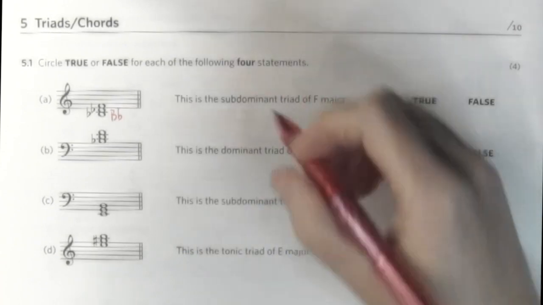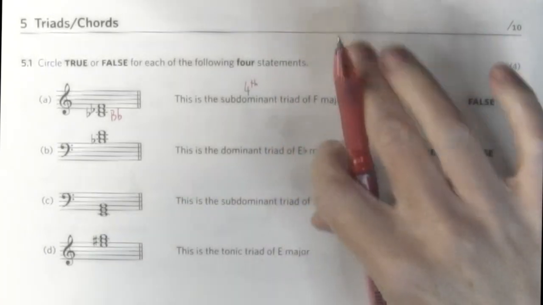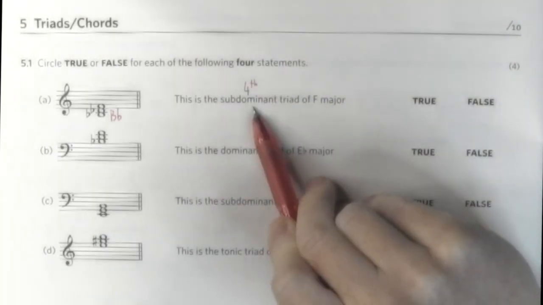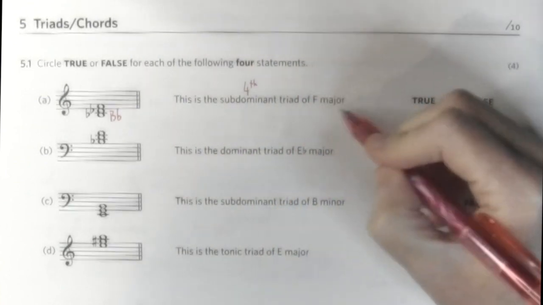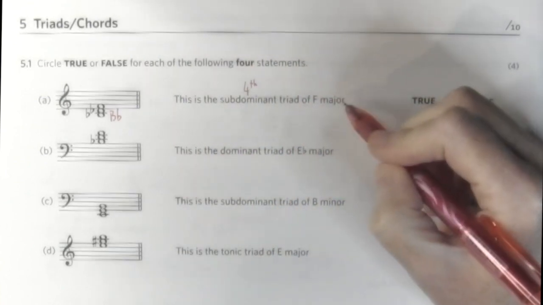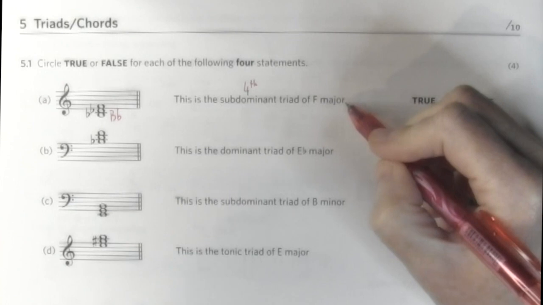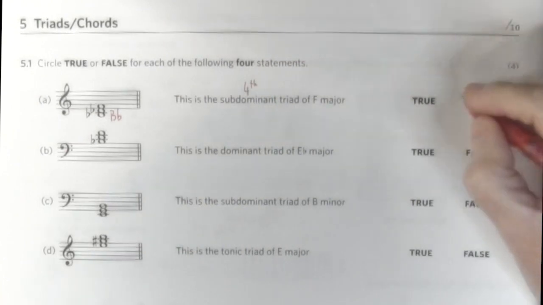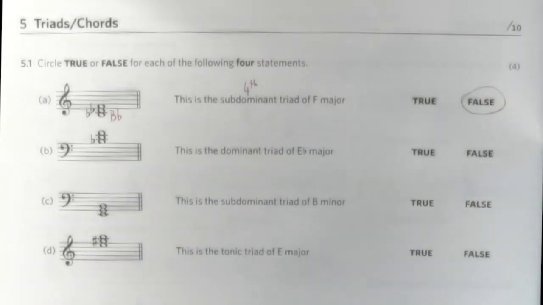Now the subdominant is the 4th degree, right? And fa, sol, la, si, B flat is the 4th degree. But in the key signature of F major, we only have 1 flat, which is B. We don't have D flat. So this isn't the subdominant of F major, but of F minor. So this is false.